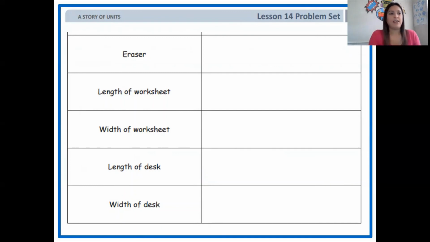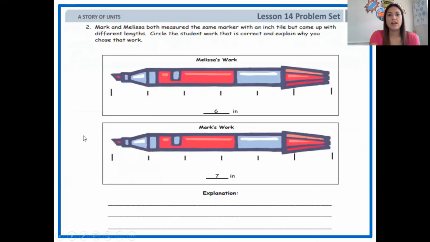You can get creative, and if you have a tissue box, you can use a tissue box, and you can just scratch out eraser if you don't have one, and then write at the top what you measured with your inch tile, okay? So if you don't have, let's say, a desk, but you have a table, or you have a drawer or a nightstand, you can measure that and just cross out desk and write that, okay? We can do that as well. And then you can just send that.